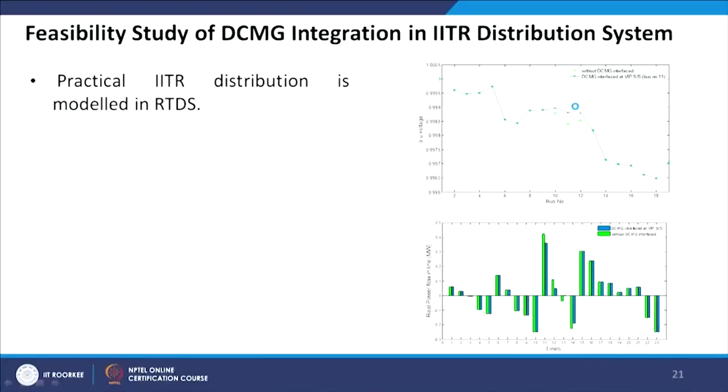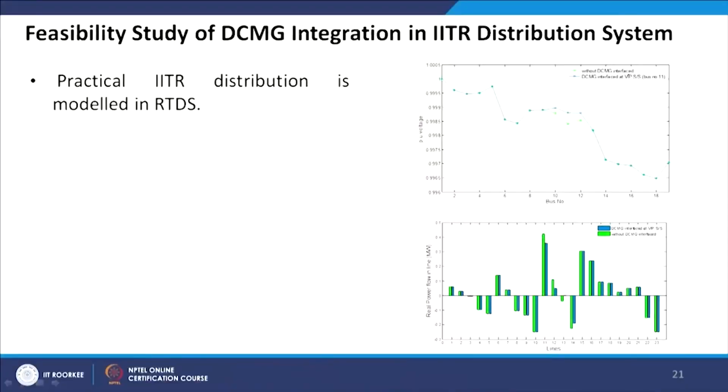We have also analyzed the feasibility study of DC microgrid integration to the IIT Roorkee distribution system. The practical IITR distribution system is modeled within RTDS, and we have taken the practical data of the IIT Roorkee system and simulated it within the RTDS.